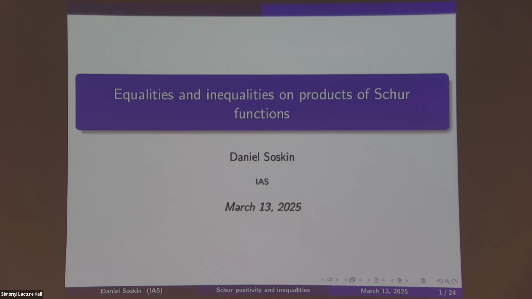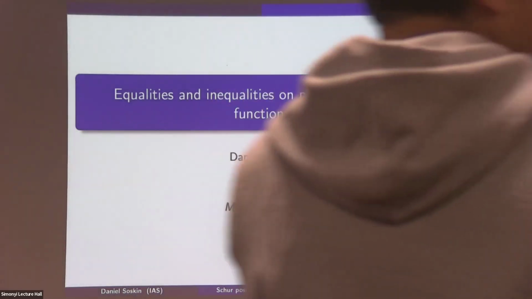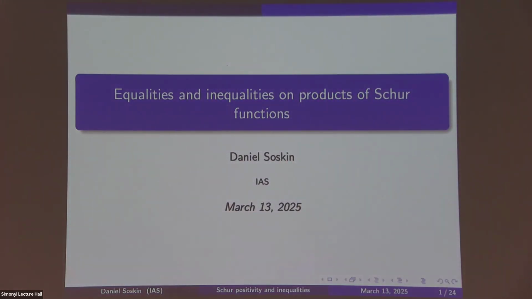I said, if the inequalities I get by replacing S by E or H are maybe not so interesting. And if it's true, we can prove it. E of lambda is by definition a product of these.